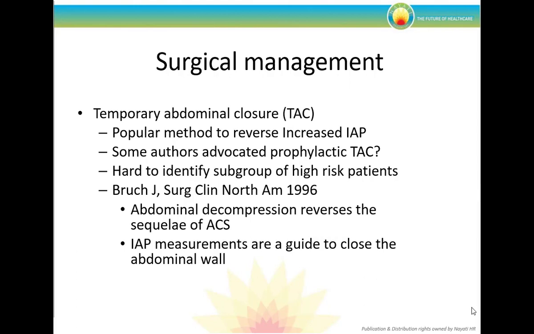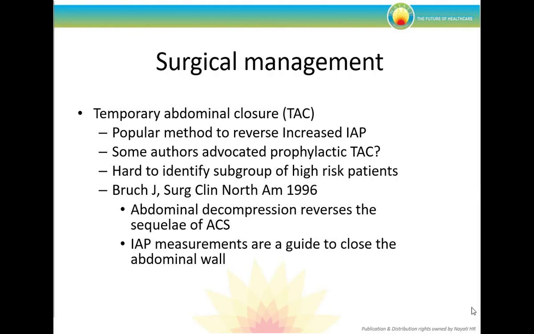So there are various methods through which you can achieve this. There are temporary abdominal closure methods. This is one of the most popular methods because you can reverse increased intra-abdominal pressure and you can subsequently close the abdomen. Some authors even advocate prophylactic temporary abdominal closure devices.